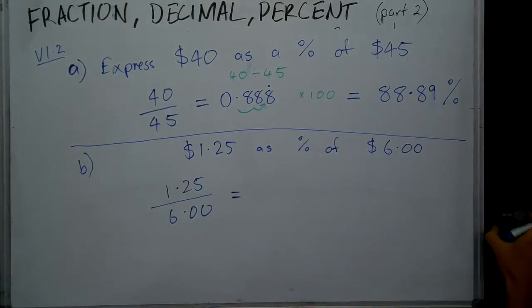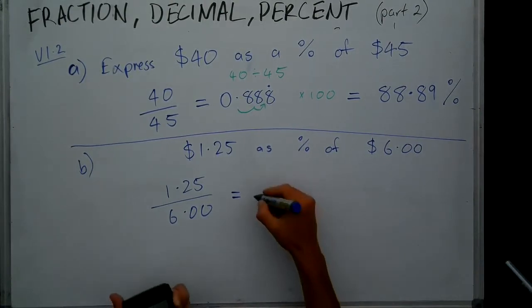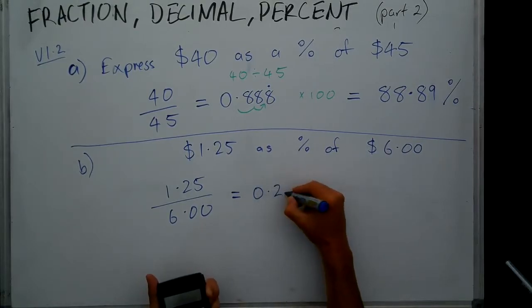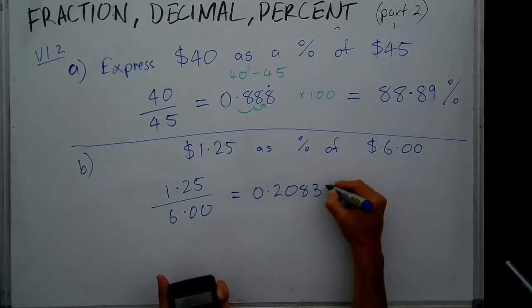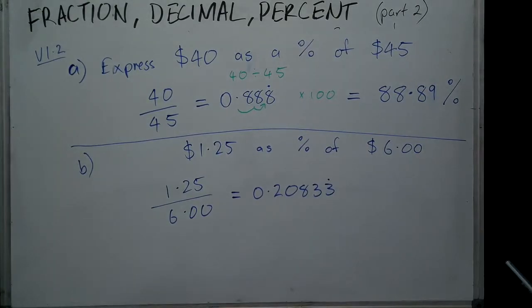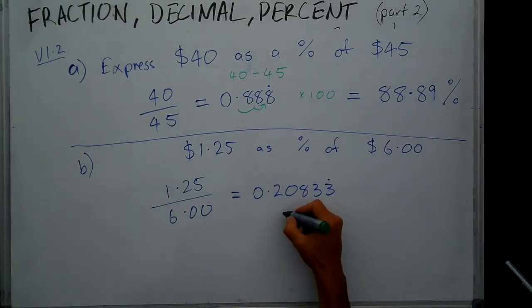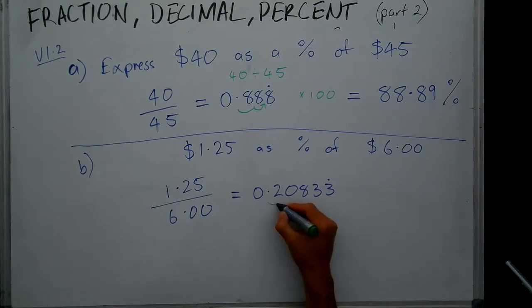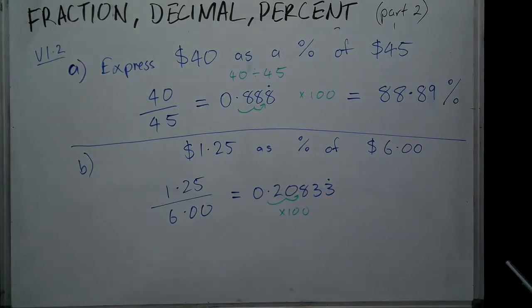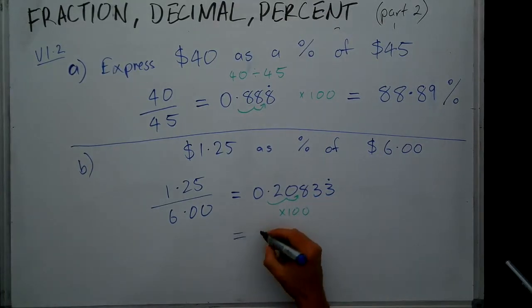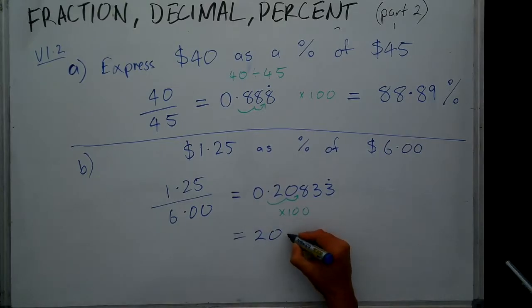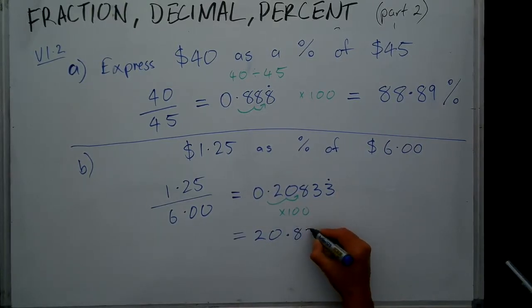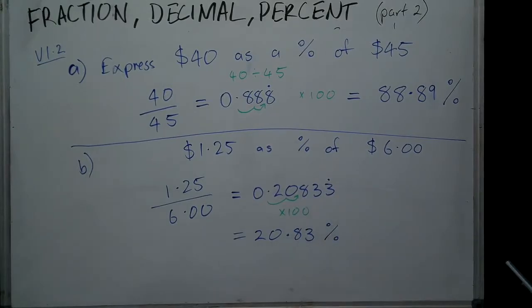That equals, let's just type it in, 0.20833, and then it keeps going. So that's the decimal representation. And then in our heads, we're going to multiply by 100 to move that decimal place. This equals 20.83%. Just going to round it off.